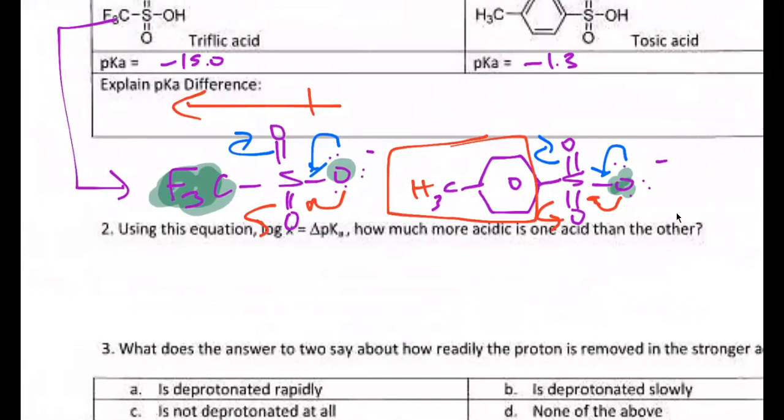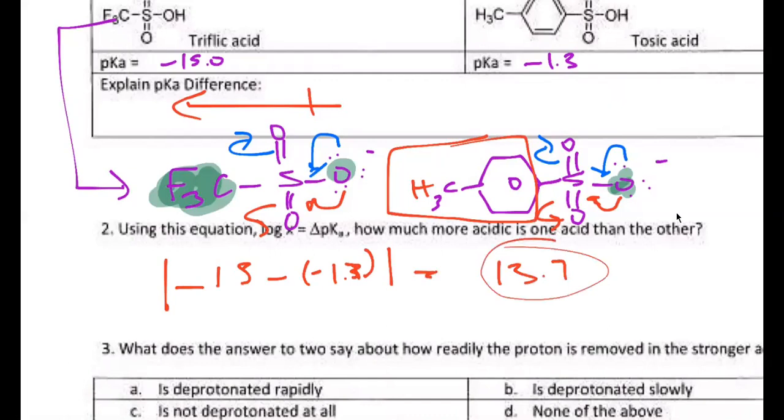We're going to do the absolute value because that number can't be negative. So negative 15 minus negative 1.3, which would be 13.7. Is that right for the difference in pKa?